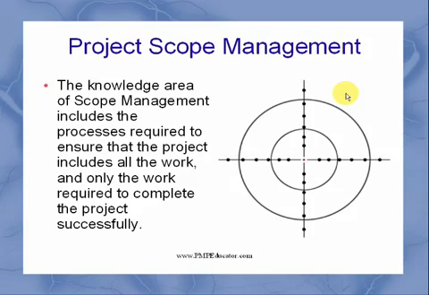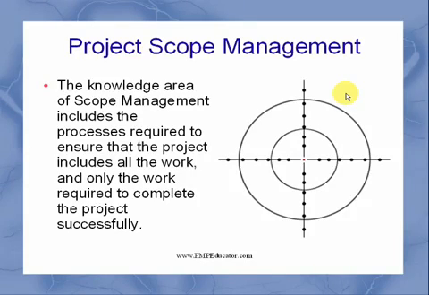And this knowledge area includes the processes required to ensure that the project includes all the work and only the work required to complete the project successfully. So basically, what you want to have is control in the scope. You only want to build the product which is actually intended, an outcome according to the charter or the project management plan.